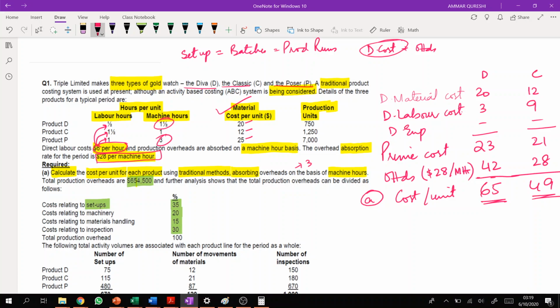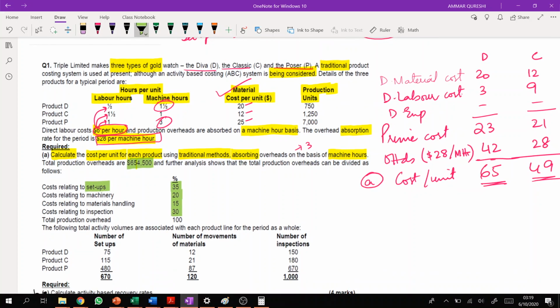For example, if I'm saying that the company wants to have 500 setups, then most probably the company will operate 500 batches, and there will be 500 production runs, right? So setup is this.